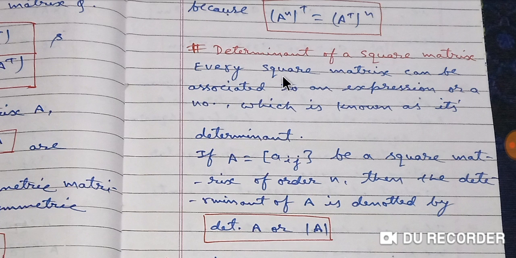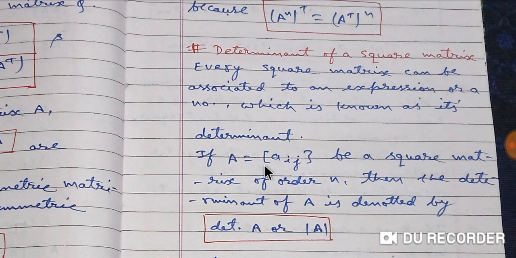But if the matrix is square, then the determinant exists, and that expression or number is known as its determinant.